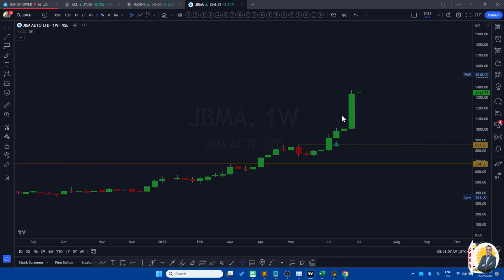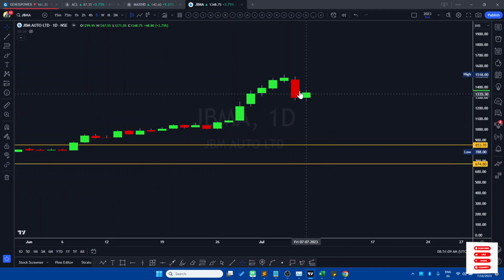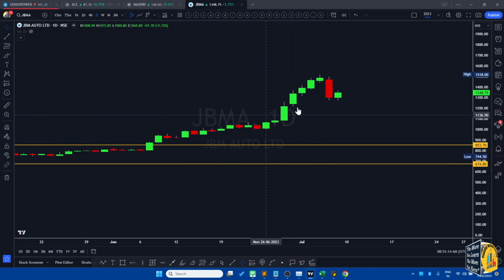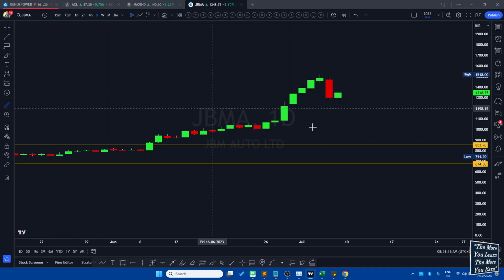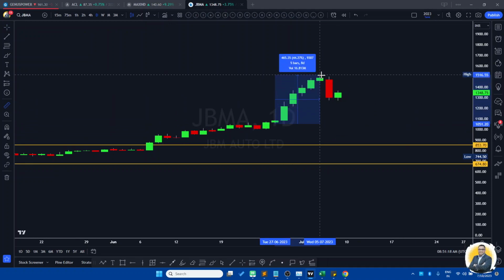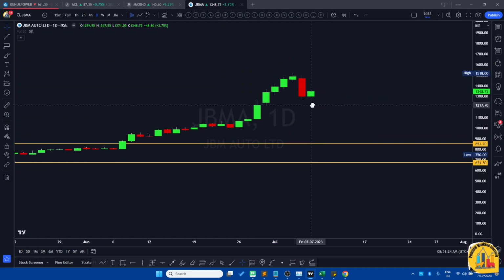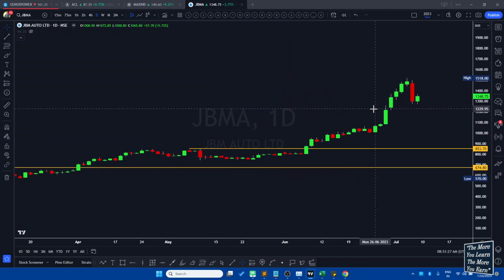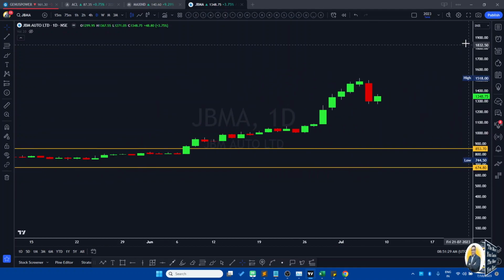So I booked profit, and there was a shakeout of 12.65%. But after so swift a rally from this base to 44%, I think 12% down is okay for me. Still, you would have made a good gain. I have a last tranche left, but I'll keep following that.